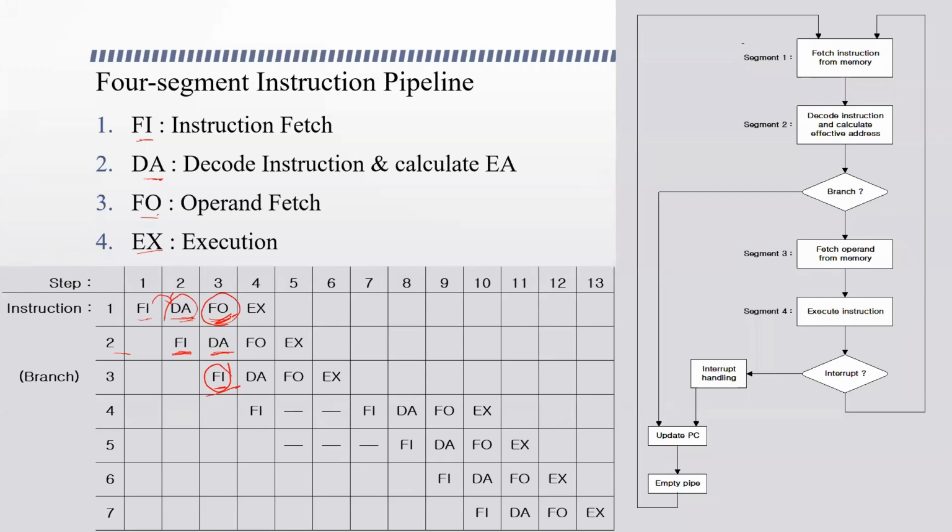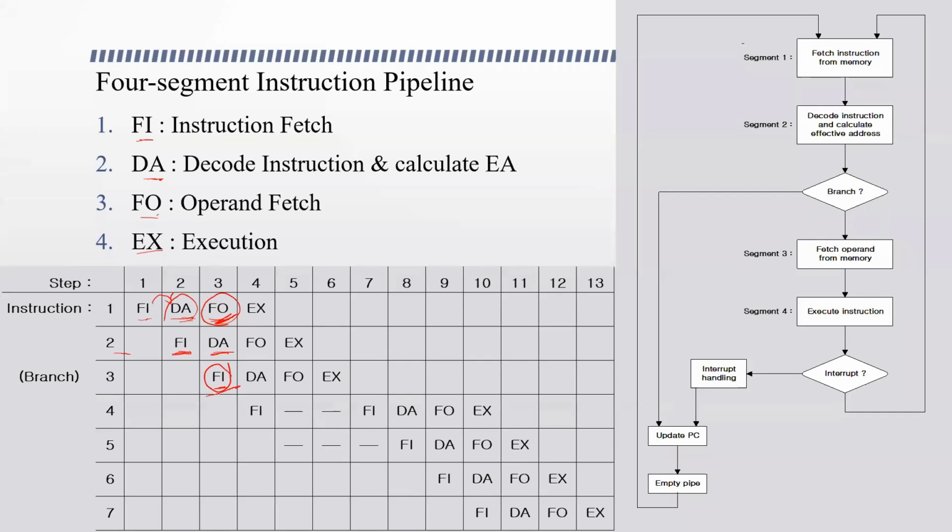To make fetching the operand and fetching the instruction at the same time possible, memory units need to be divided, because 2 memory accesses at the same time are not allowed. Here it is the operand, that is data, so the data unit of memory needs to be separated and the instruction unit of memory maintained separately, so that fetching the instruction and fetching the operand can be done at the same time.